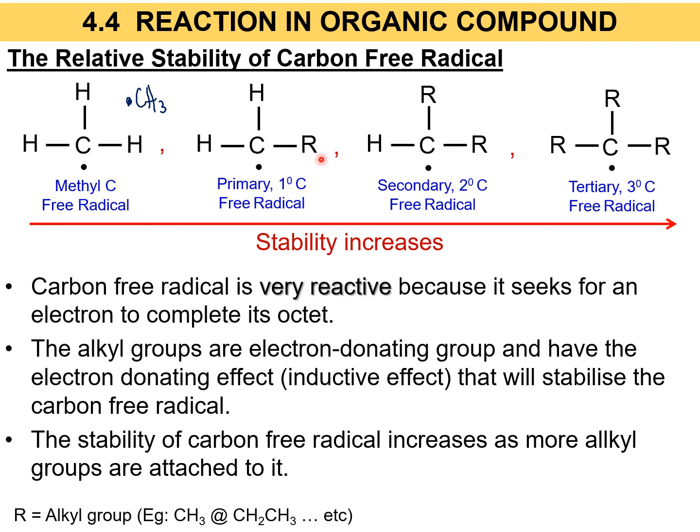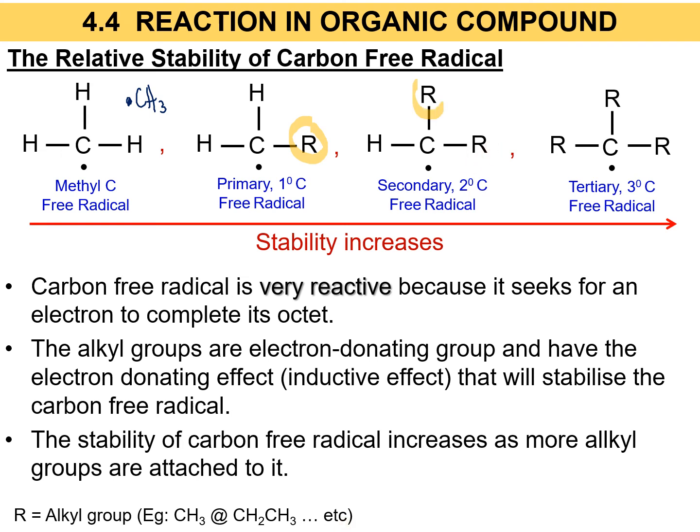Okay, so kalau let's say you nampak carbon free radical dia attach pada satu sahaja carbon atom atau satu sahaja alkyl group, tak kisahlah alkyl group apa sahaja pun, we call it as primary carbon free radical. Okay, next the next class of the carbon free radical adalah secondary carbon free radical. Okay, di mana this carbon free radical is attached with another two alkyl groups.